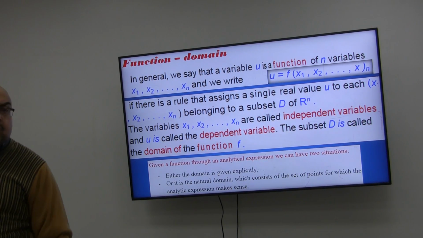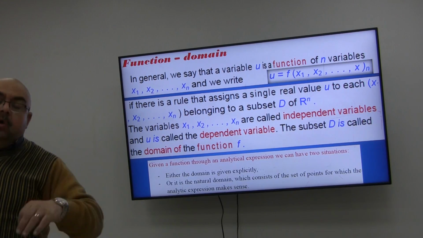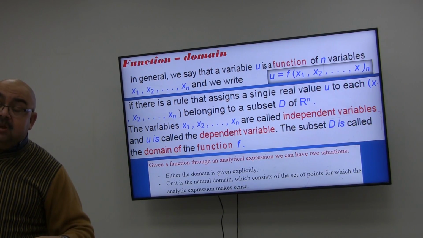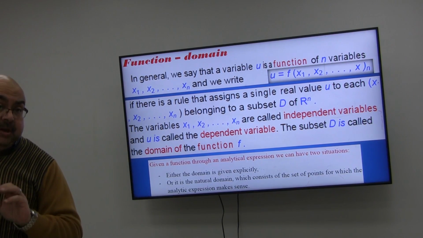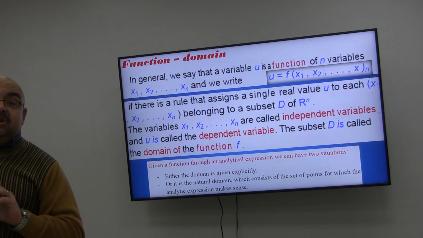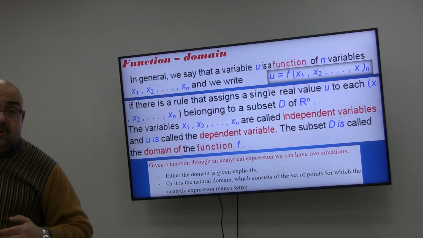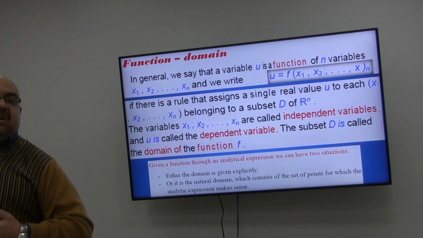Because if I want to get the domain of a function in several variables, I have to be sure that your domain delivers values which we can find.